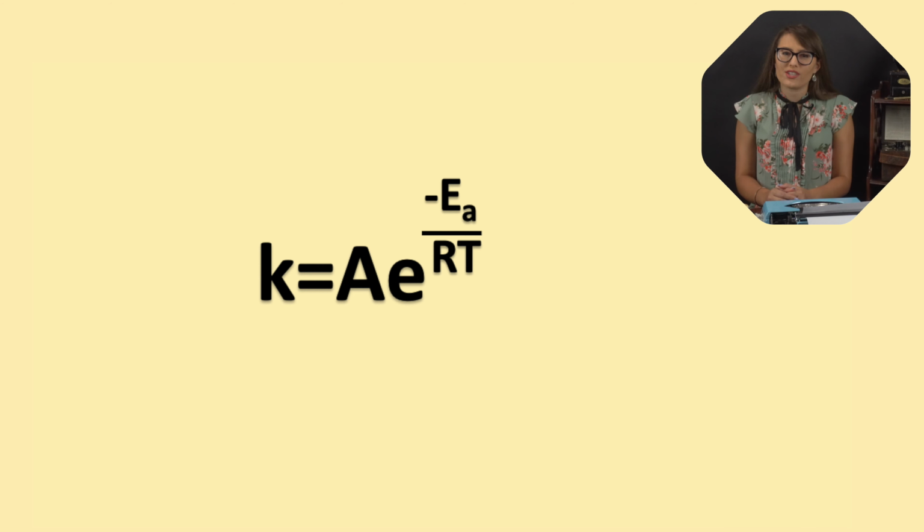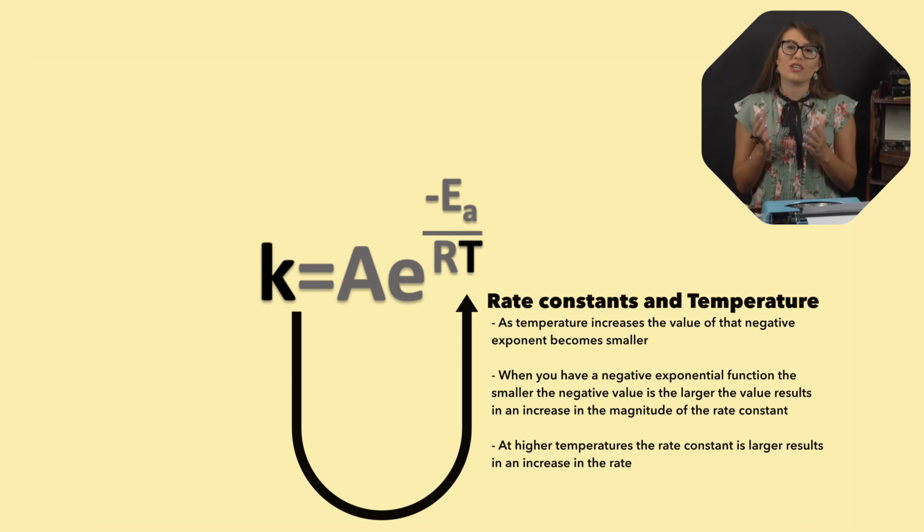Let's review this equation by discussing the relationship between the rate constant and temperature. As temperature increases, the value of that negative exponent becomes smaller, resulting in an increase in the magnitude of the rate constant. We see at higher temperatures, the rate constant is larger, which results in an increase in the rate.